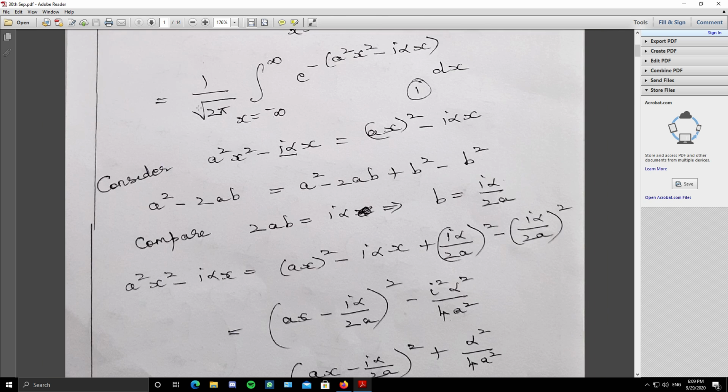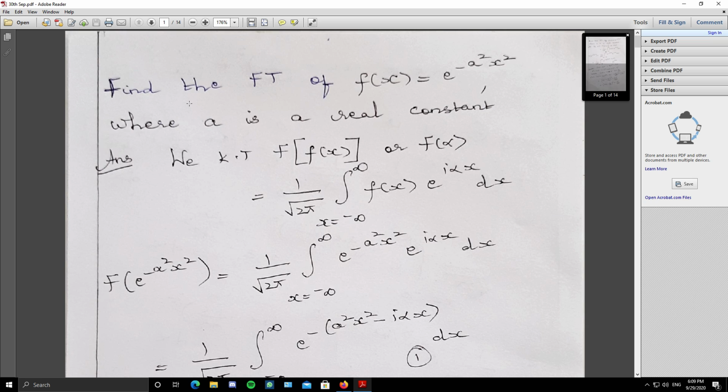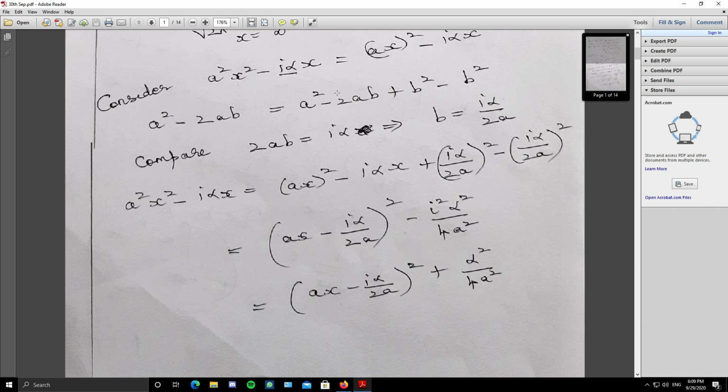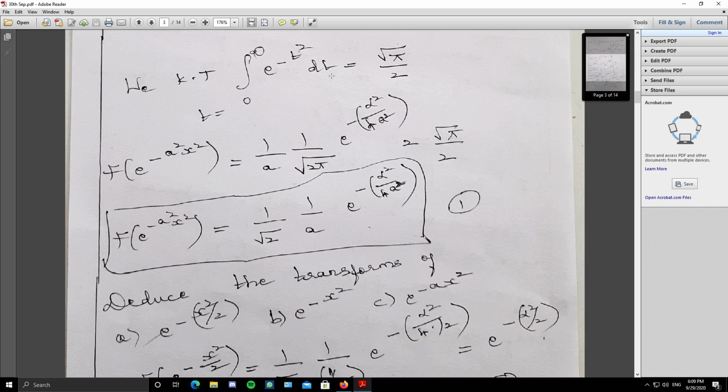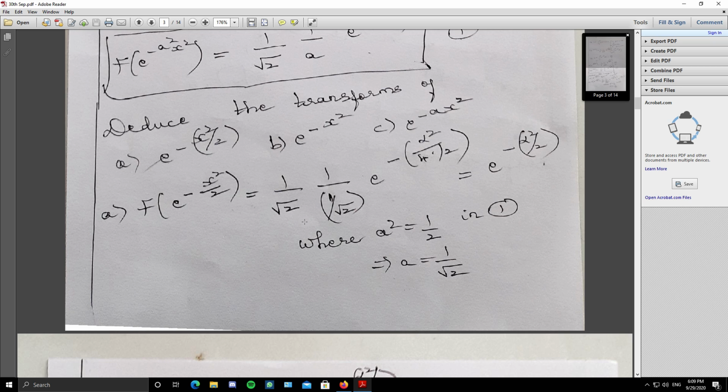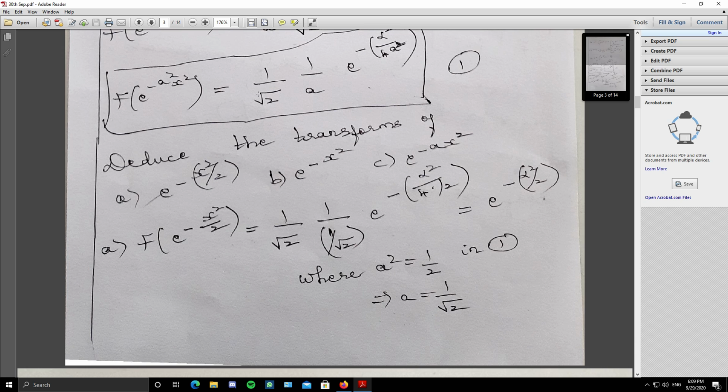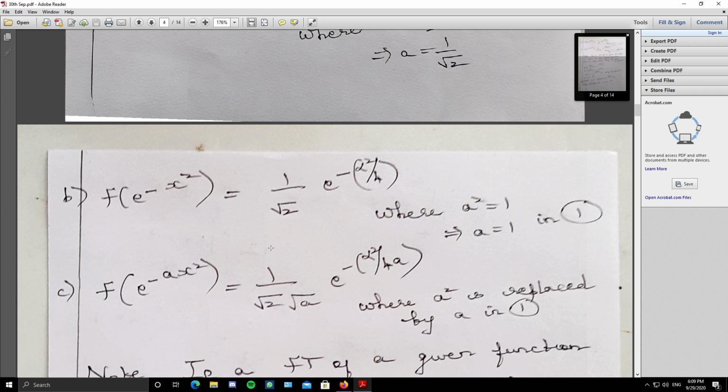You have to start from this. They will ask for 7 marks. You have to write from the beginning up to deduction part A, the proof of this, and then replace a square by half.